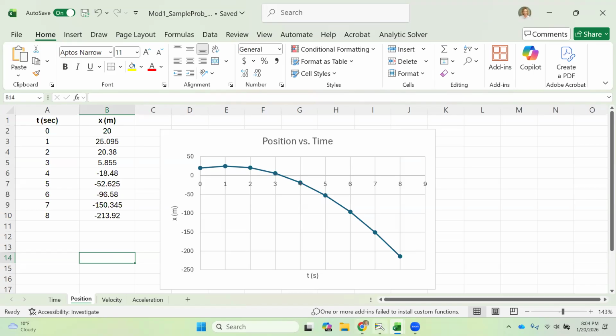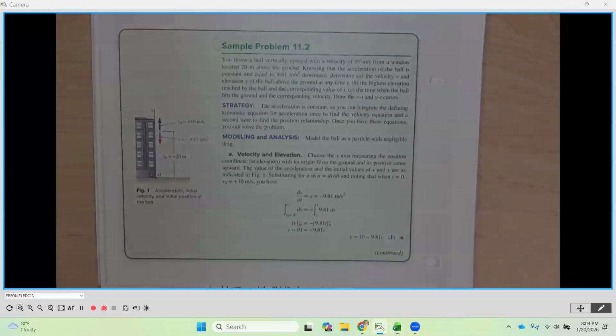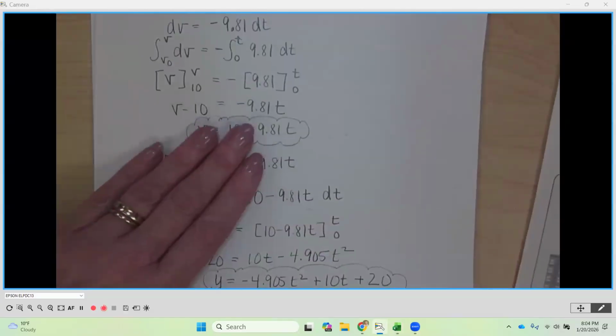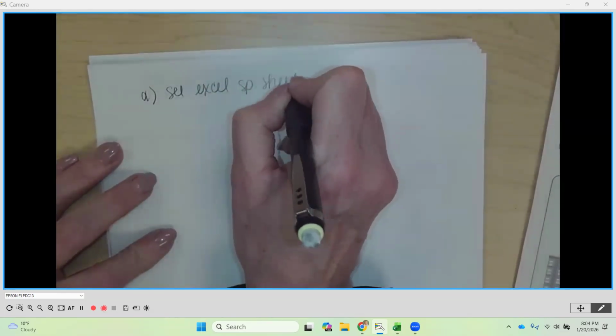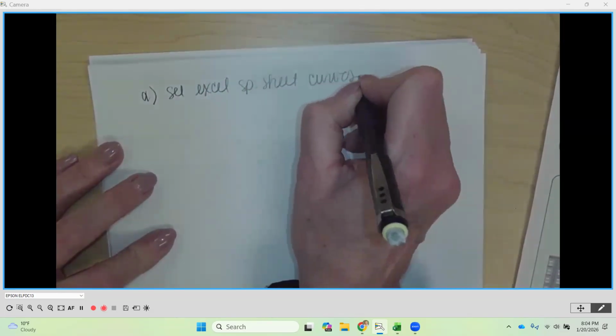So that takes care of part A. I'm going to go to my second page here. Question A: see Excel spreadsheet curves. You'll just take a screen snip of each one of those and you're done. Does that make sense for everybody?